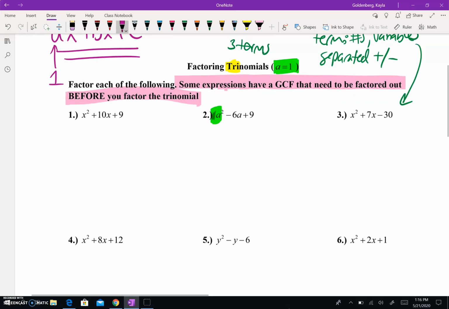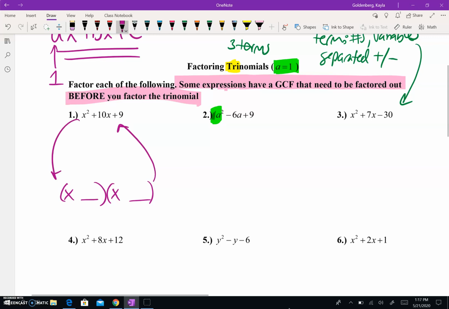For factoring a trinomial, your answer is going to be of this form. And you're going to have numbers here, and it might be adding the numbers, subtracting. This should look really familiar to you because this is looking like if I asked you to distribute, your answer would be this. And we're just going backwards. So distributing versus factoring are just inverse processes.